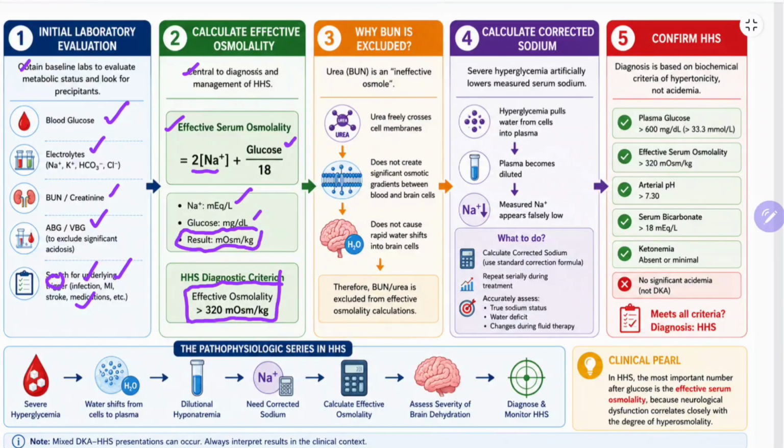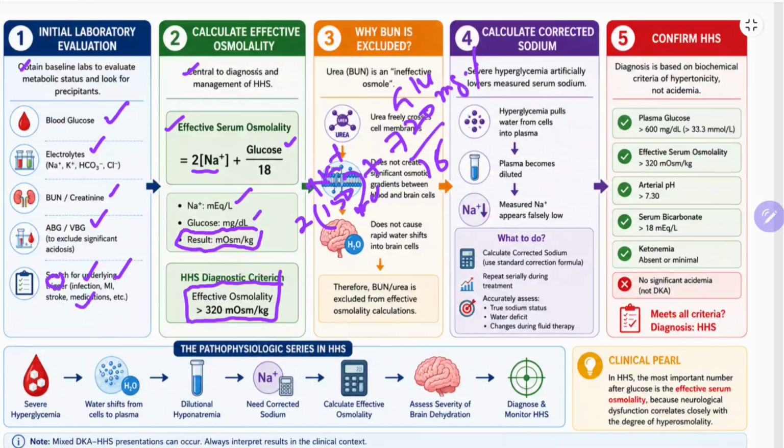For example, say a patient has a sodium concentration of 150, plus a glucose concentration of 720, divided by 18. This is the sodium concentration in milliequivalents, and this is the glucose concentration in milligram percentage.